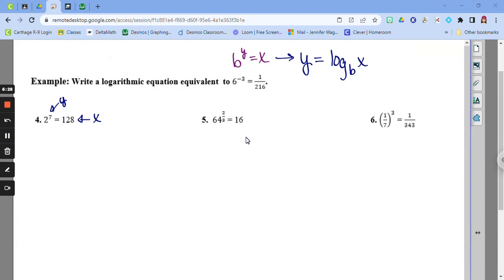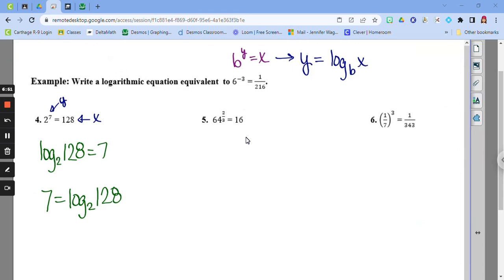What goes first on number 4? Okay. Log base 2 of 128. Yep, equals 7. You can write it either way. You could also write it 7 equals log base 2 of 128.